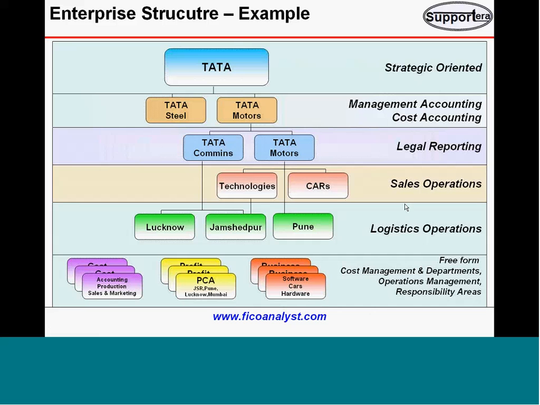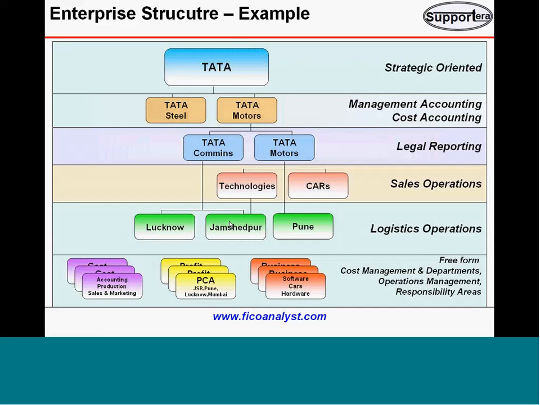If you think of Tata Motors as such, when it comes to sales, they do have two kinds of sales. One is car manufacturing and automobile related things, and also they have something called technologies, because they have CAD/CAM related designs.